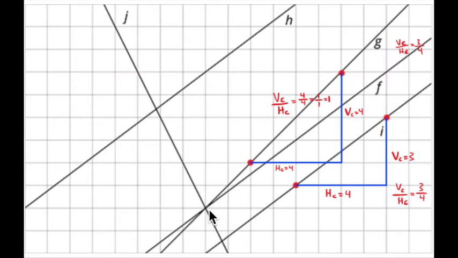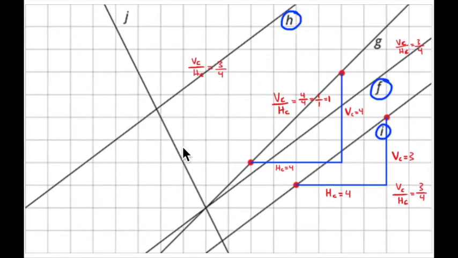If you compare line G and line F, if you go to this point right here where they intersect, and then you go over 4 units in the horizontal direction and up 3 units, you're going to get to line F, and 1 more unit to get to line G. So you see that line G goes up faster by 1 unit every 4 units in the horizontal direction. So G does not match F. J, of course, does not match F either. It's at a very different angle, so it's clearly not a translation.